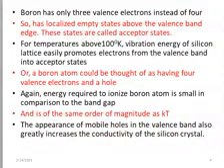Now if on the other hand, instead of introducing a group 5 element, you decided to introduce a group 3 element like boron. Boron is a group 3 element. It has 3 valence electrons.